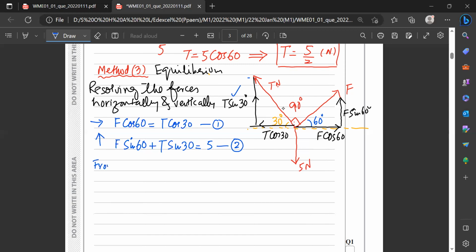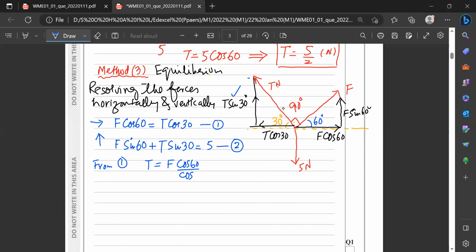What I can do from 1, making T the subject, T is equal to F cos 60 over cos of 30. Rightward, F cos 60 is equal to T cos of 30, and F sine plus T sine is equal to 5.